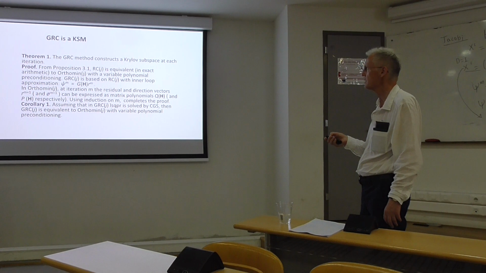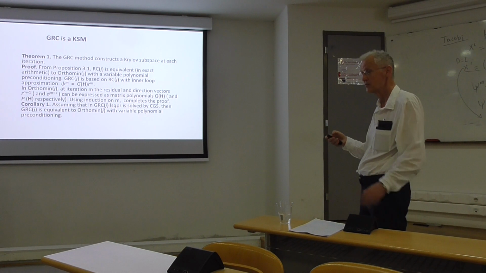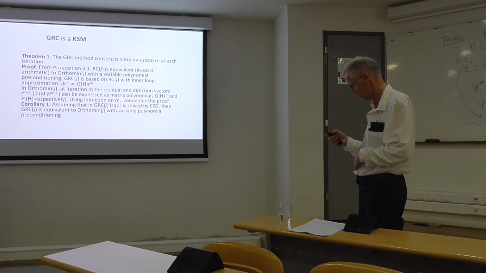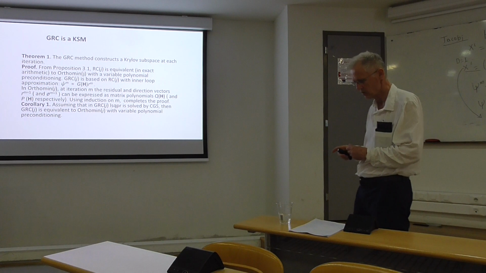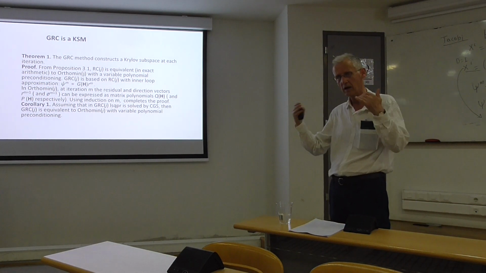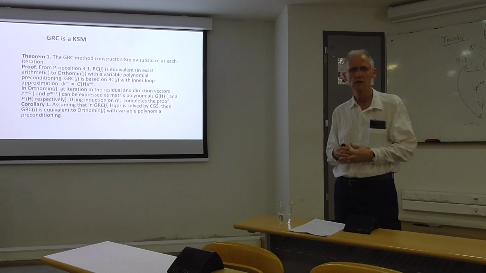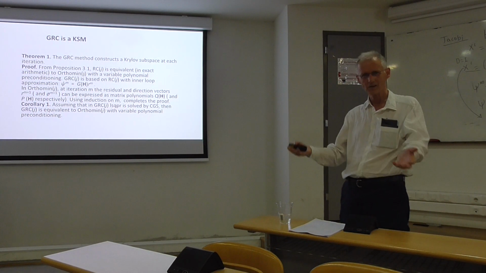We are able to easily prove that the GRC method constructs a Krylov subspace at each iteration. It's very important to have a Krylov subspace. I will not go into the proof of this, but it's very important because all the theory that has been developed about Krylov subspaces also works here.